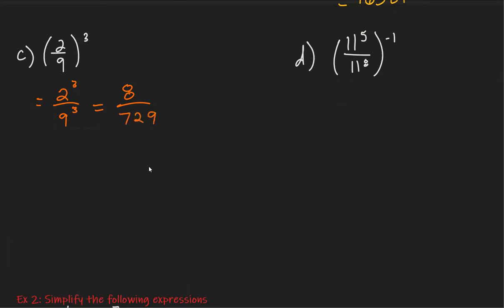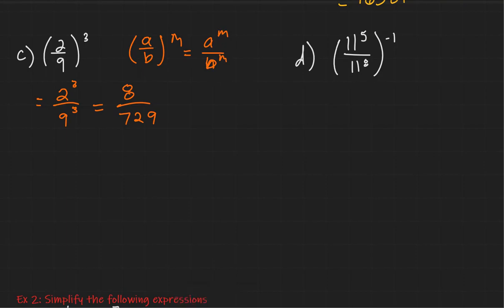Sorry about that. Cool, right? So we took our a over b to the m, so that means that we apply that exponent to each of the numerator and denominator.